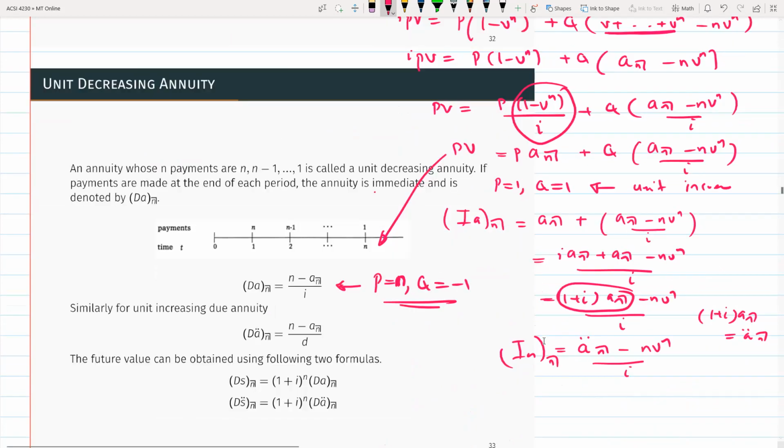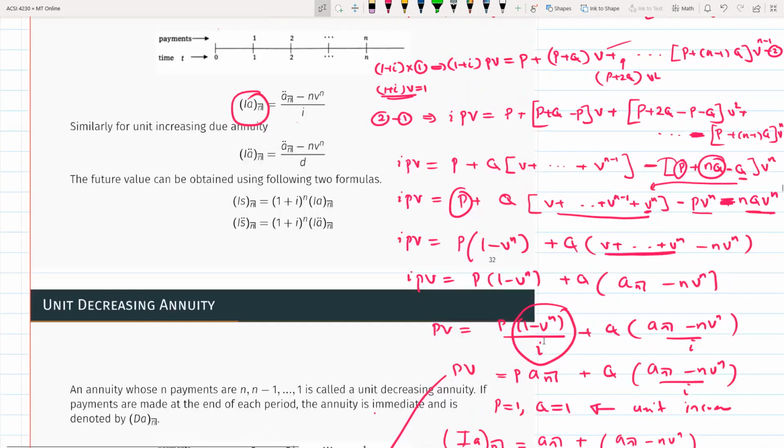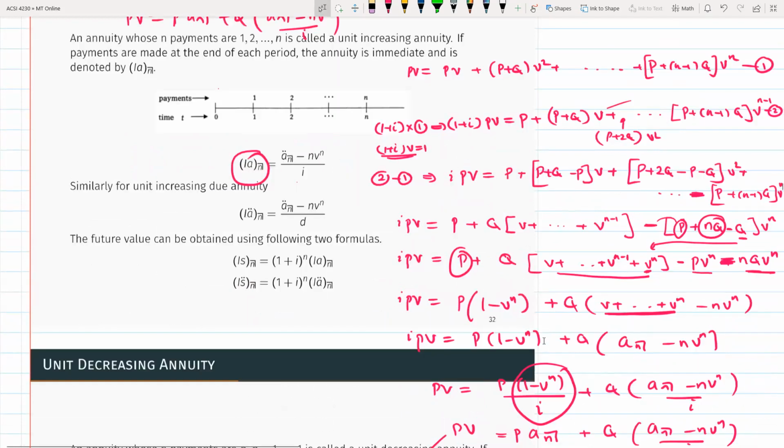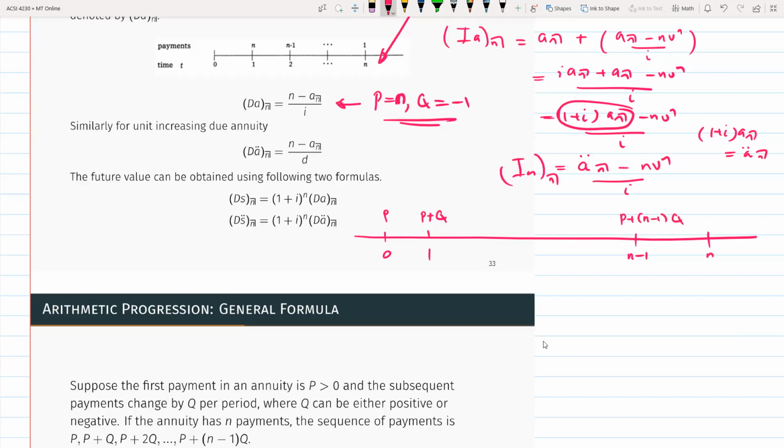The next one would be what happens if payments in annuity immediate follow an arithmetic progression. Let me draw the timeline, and we derive a very general formula. So here is 0, 1. This one is P, P plus Q, and here is n minus 1, and here is time.